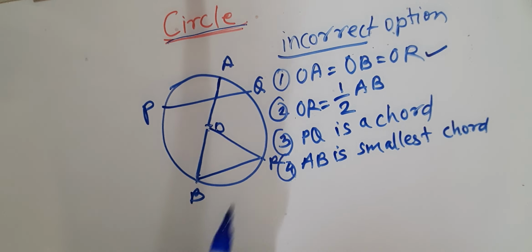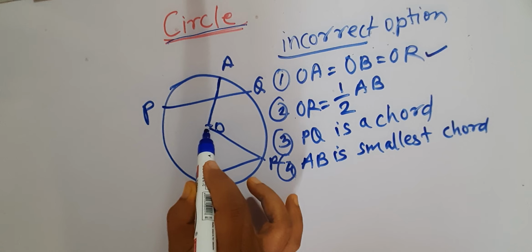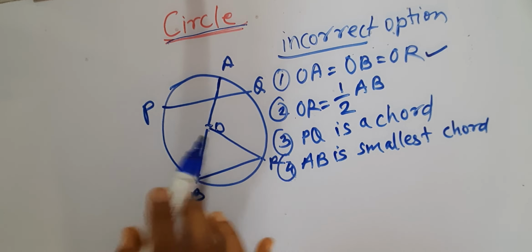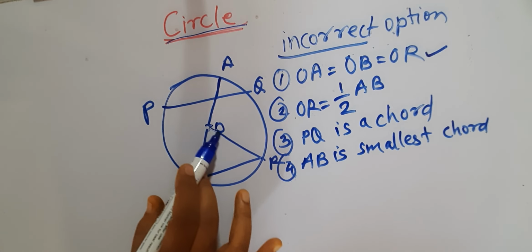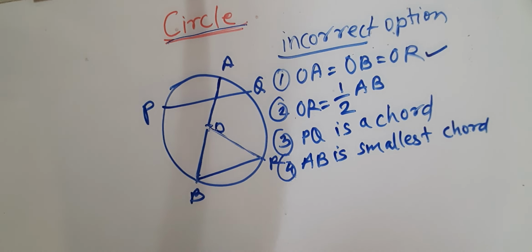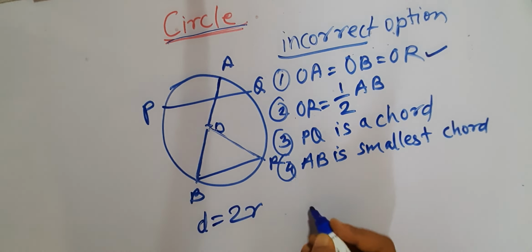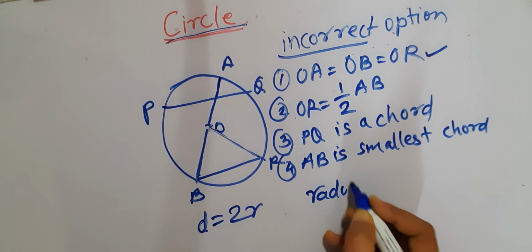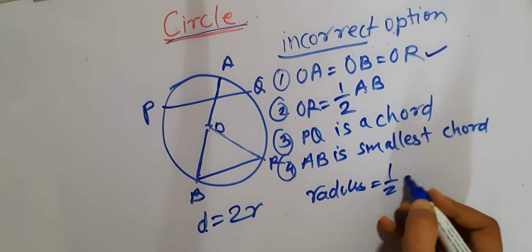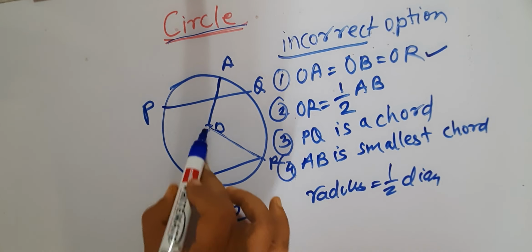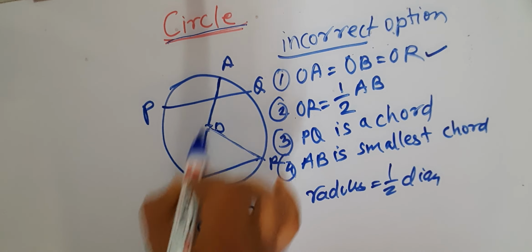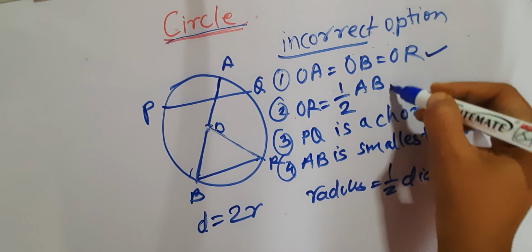OR is the radius, and we know diameter equals 2r, that is, radius is always half of diameter. So here OR is the radius and it is half of AB. So this is correct again.